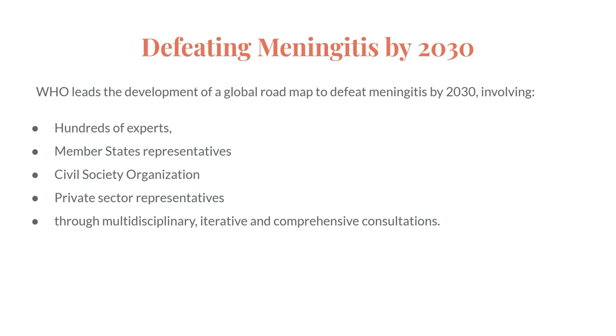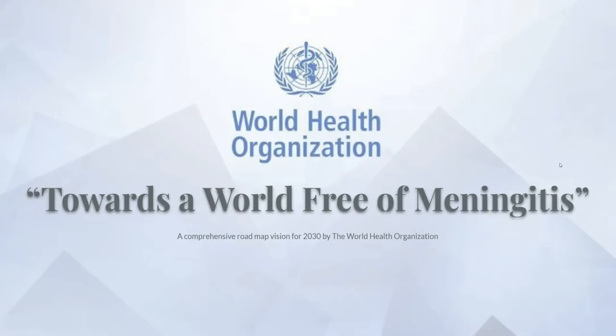And that's to develop programs such as educational programs, get more healthcare workers, or implement more hospitals and centers to develop and distribute more vaccinations in some of the areas like the meningitis belt of the world. And that is called Towards a World Free of Meningitis. And that is just kind of the goal that the WHO has set forth for us.